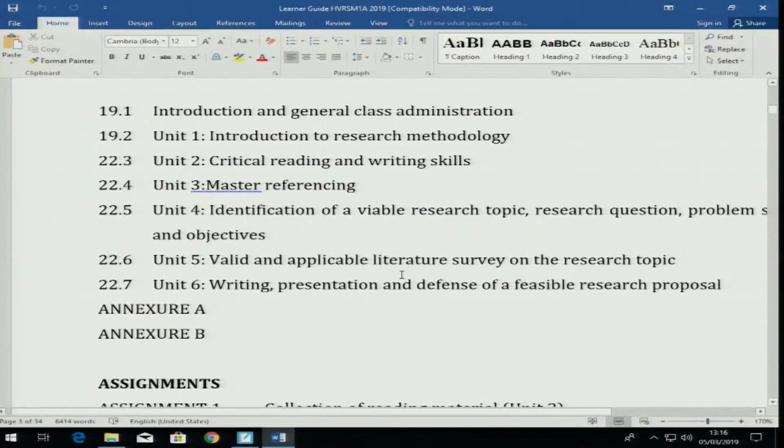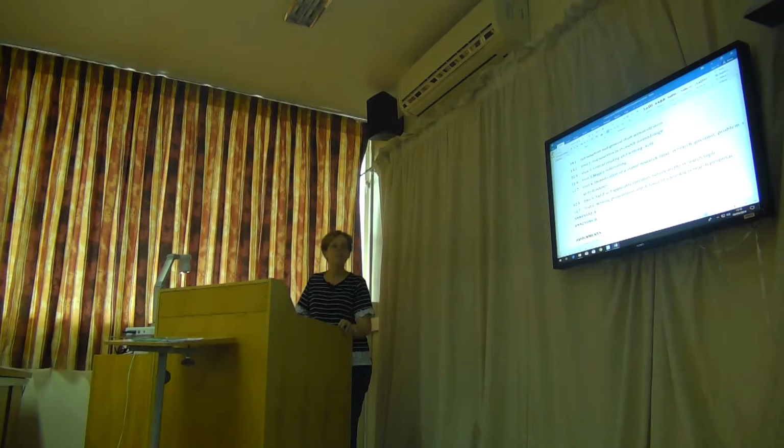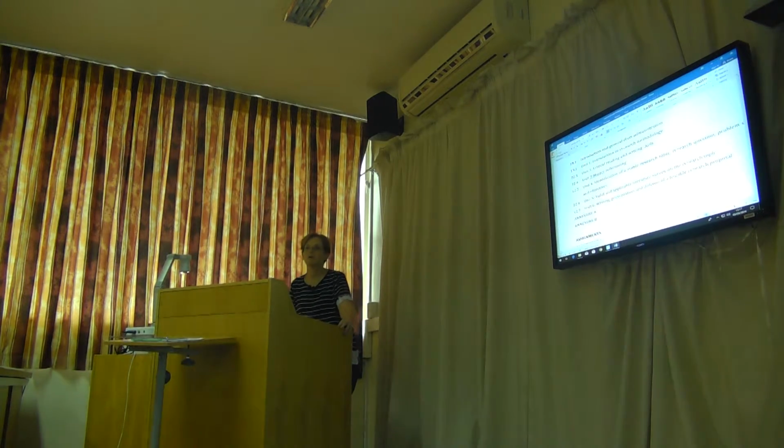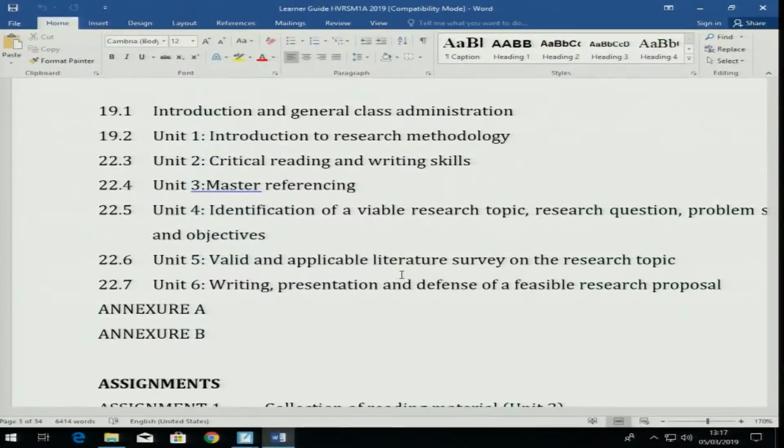Now in research, we are using a lot of words that may sound foreign to you, but their meanings are actually very easy. You are used to doing an assignment or an essay, and a literature survey is just similar to an essay. So you are going to write something that you read in the literature. We will talk about that later during the semester.